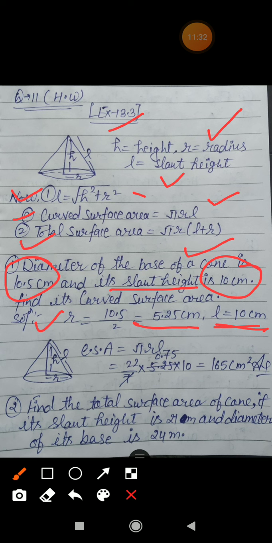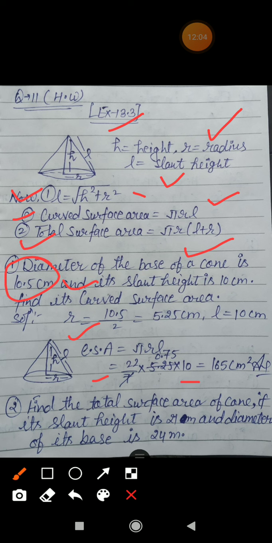Then this is a cone shape, where R is the radius, H is the height, and L is the slant height. In this question you have to find the curved surface area. So what is the formula of curved surface area? CSA is equal to pi r l, and you put the value of pi: pi is 22 upon 7, r is 5.25 and l is 10.